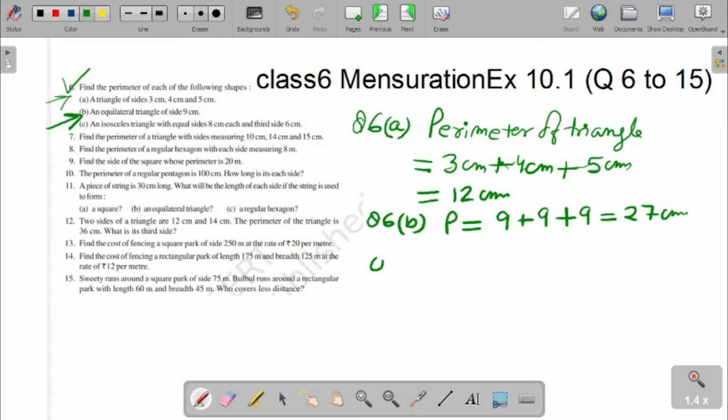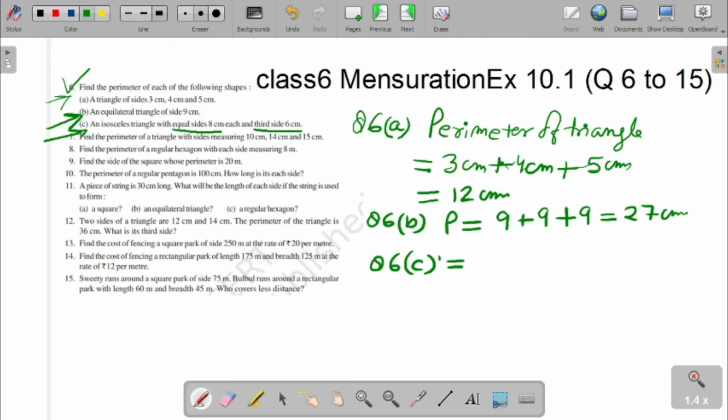So again, question number 6, C part. In C part, this is an isosceles triangle, you can see equal sides 8. That means two sides are 8 centimeter and the third side is 6 centimeter.